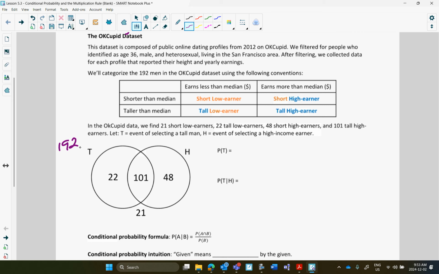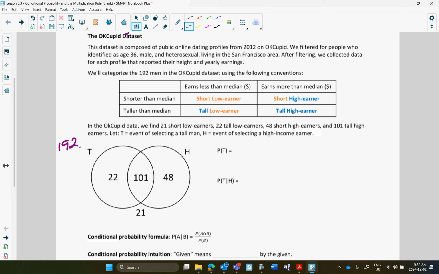So I could ask you a bunch of questions that we've already done. What's the probability of selecting a high income earner?